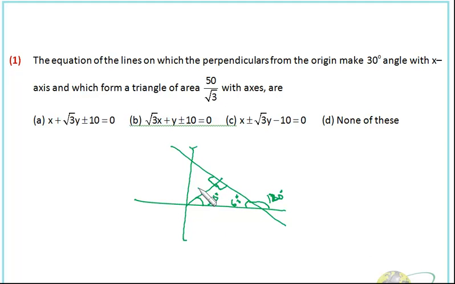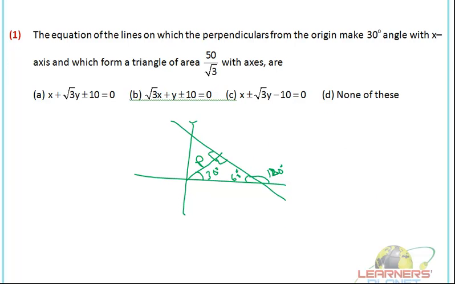Now I assume this length to be p, though you can directly use the normal form, that is x cos alpha plus y sin alpha is equal to p, or you can find out the coordinates of these 2 points. If this length is p, I assume this length to be a, right? The relationship between these two we have already done while discussing normal form. So it is perpendicular by hypotenuse.